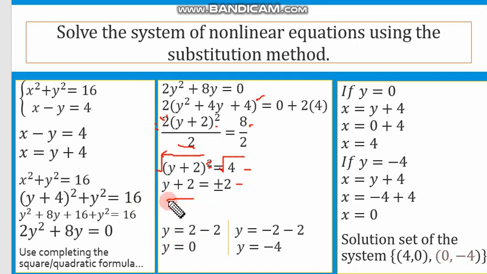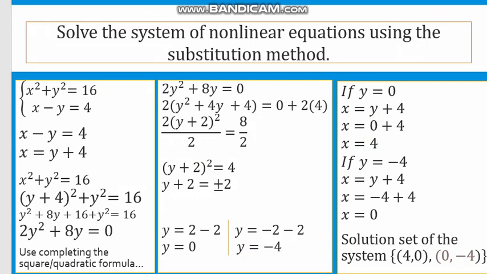Using positive 2 first, transpose the 2 to the right side as negative 2, so our y is equal to 0. While using the negative, y plus 2 is equal to negative 2, transpose the 2 to the right side, so our y is equal to negative 4.